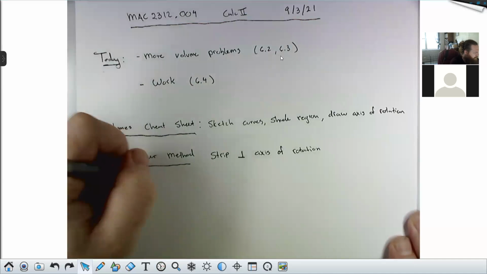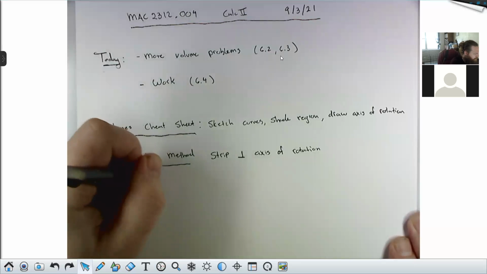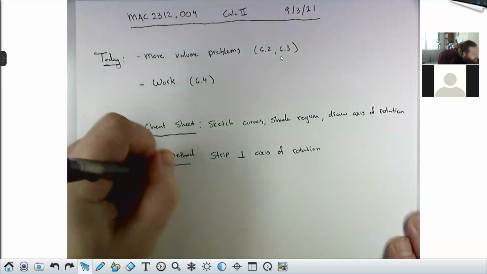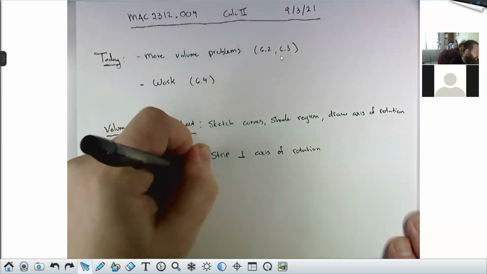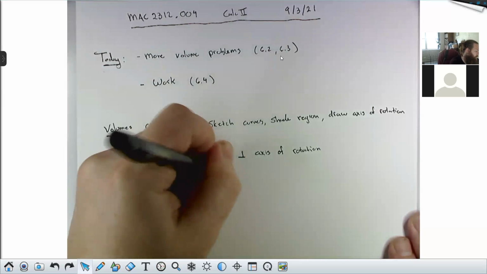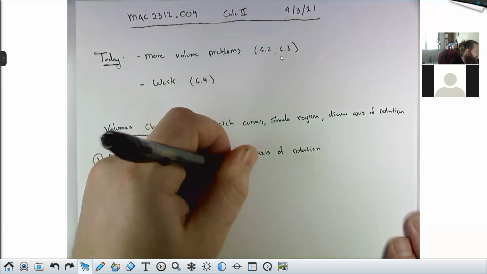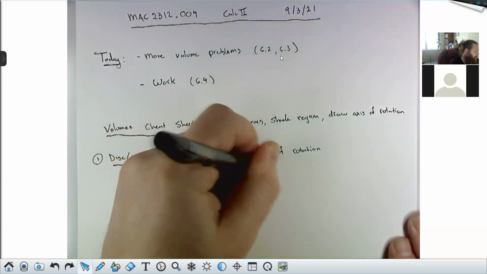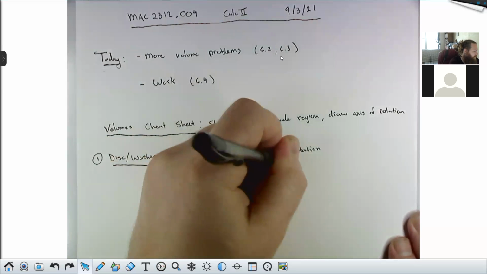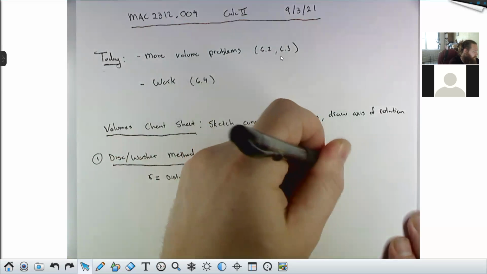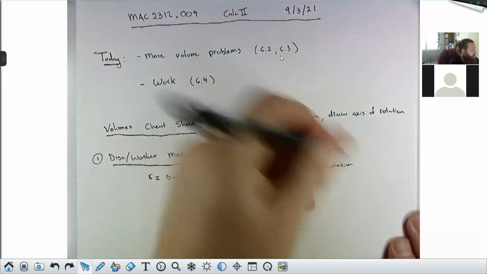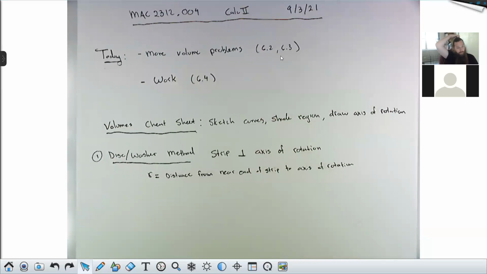then you need to figure out a few things. Little r will be the distance from the near end of the strip to the axis of rotation. So I'm doing this for you now because I want you to have one place in your notes where you can look and have all the stuff.